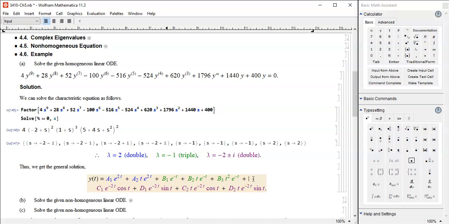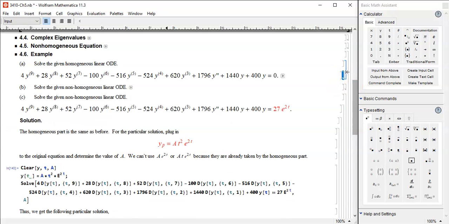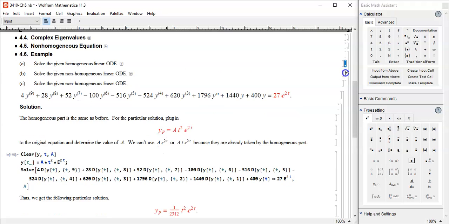So in order to avoid this overlap, we go one higher power, so t squared e to the 2t power. Do you see? E to the 2t power, t times e to the 2t power, they're already taken. So we can't use those. So we go with t squared times e to the 2t power.